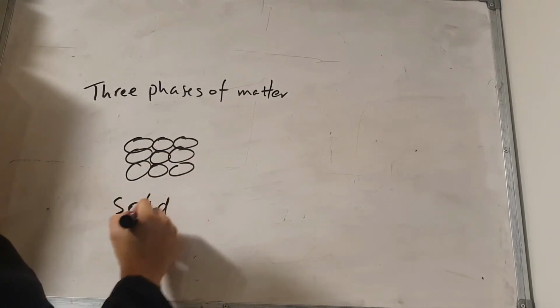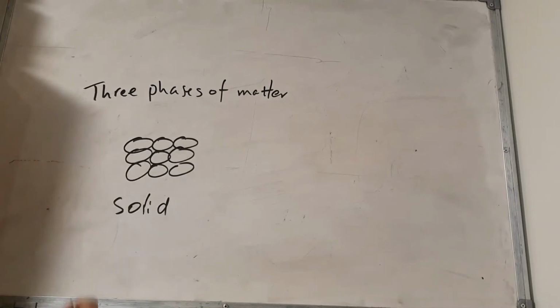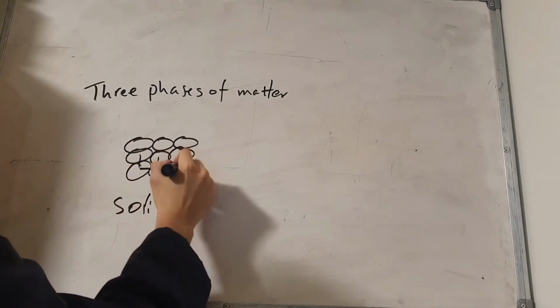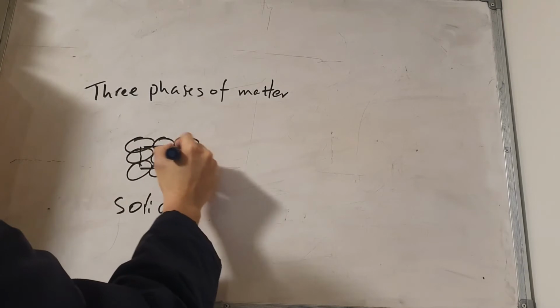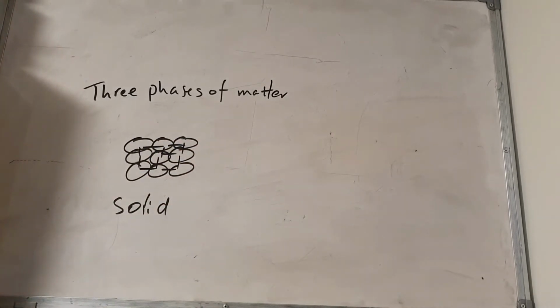So the three phases of matter, we have a solid, where it is a regular structure. They have a very strong bond. So solid is a regular lattice, close together, strong forces of attraction.